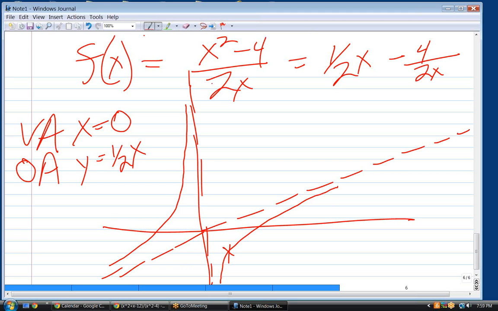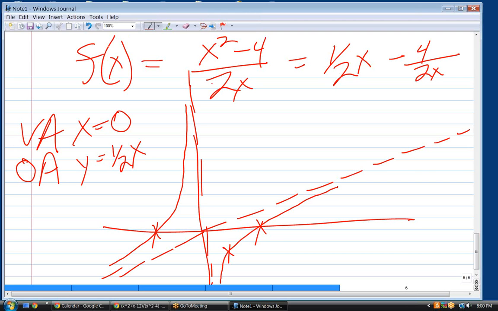Let's see. So there's no y-intercept. Is there an x-intercept? Looks like there is. Looks like there's an x-intercept right there and right here. What would those 2 points be? Remember, the x-intercepts are where y is 0.